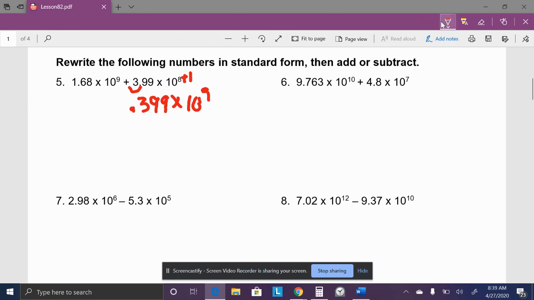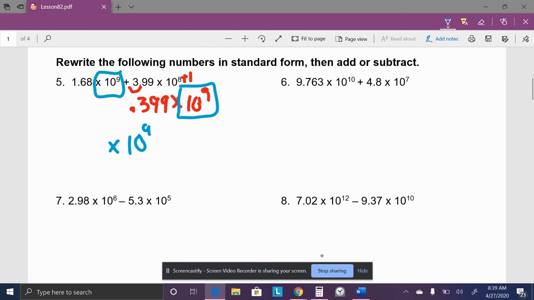Now they both have a power of 10 to the 9th. So I know I'm going to have 10 to the 9th.